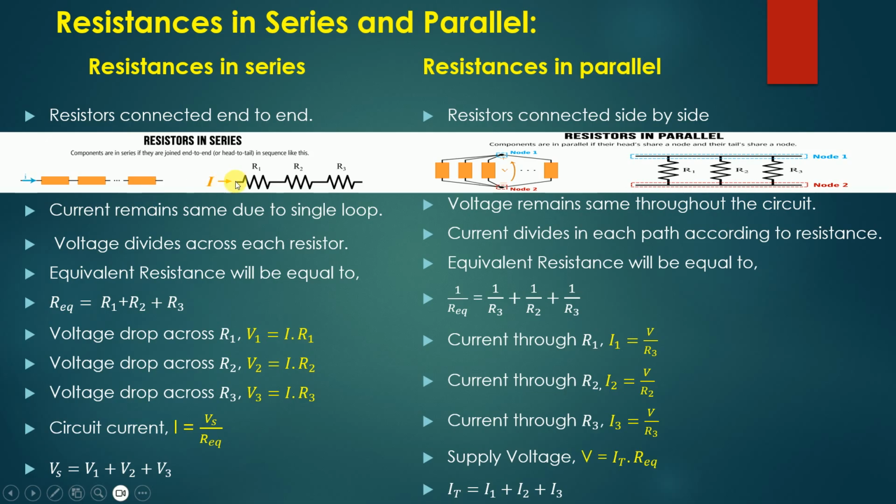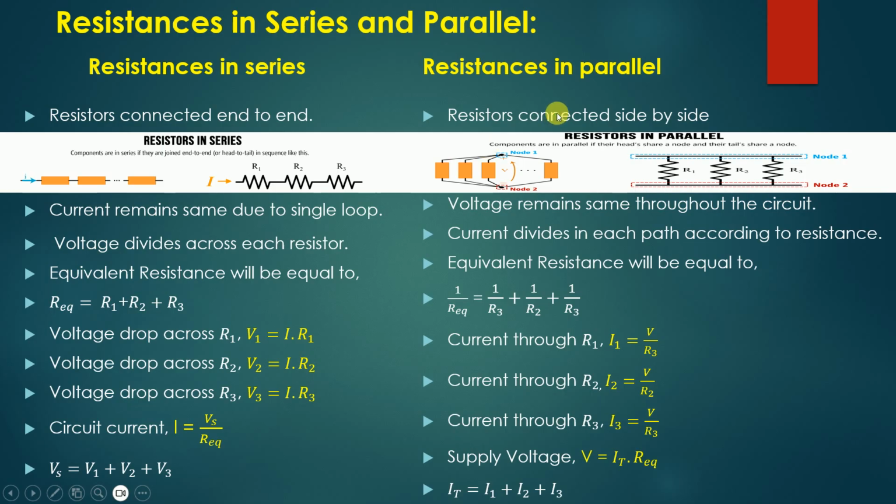If we look at this diagram, all three resistors are connected end to end, meaning the end of the first resistor is connected to the starting end of the second resistor. Similarly, the ending of the second resistor is connected with the starting of the third resistor.